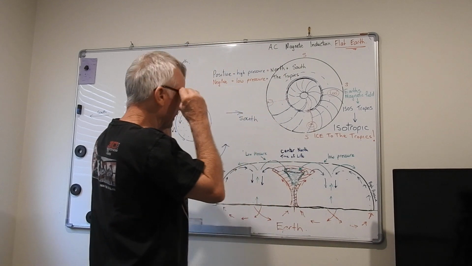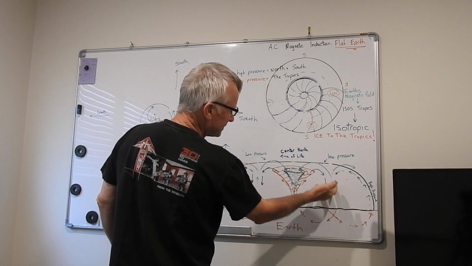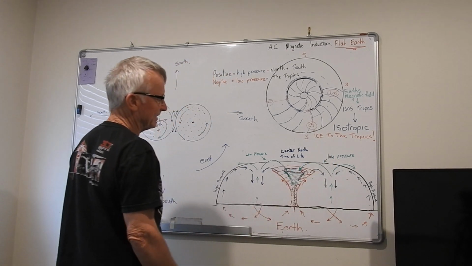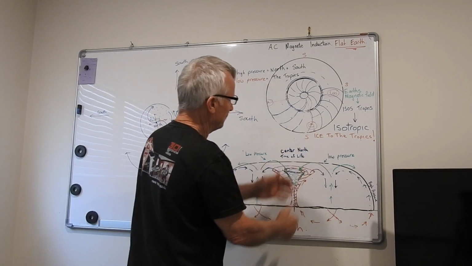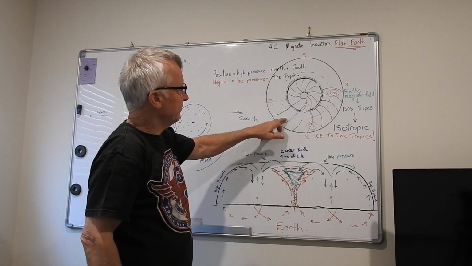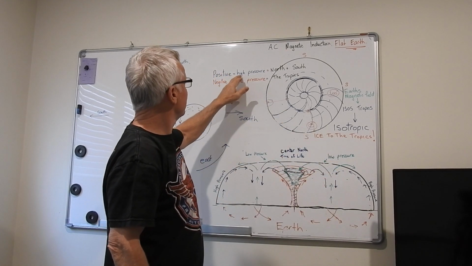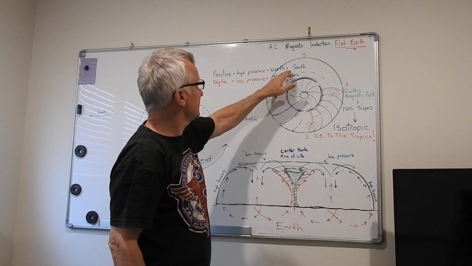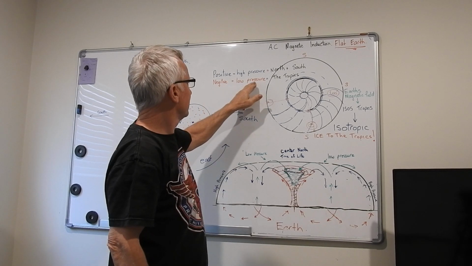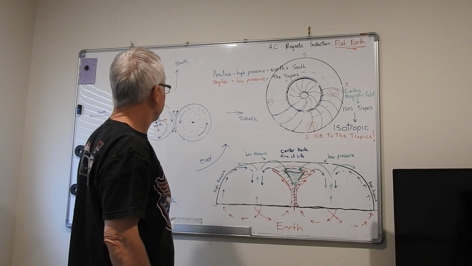That's what happens, Simon Dan. See, the high pressure comes down and raises up the low pressure. That's the push and the pull, drawing the field down to the earth. The magnetic field is the high pressure. Positive equals high pressure, north and south. Low pressure, negative. The tropics.